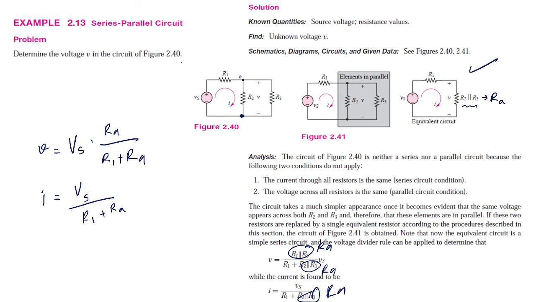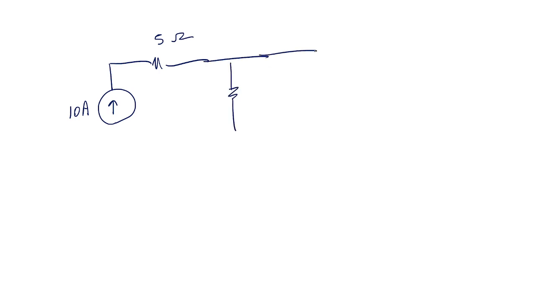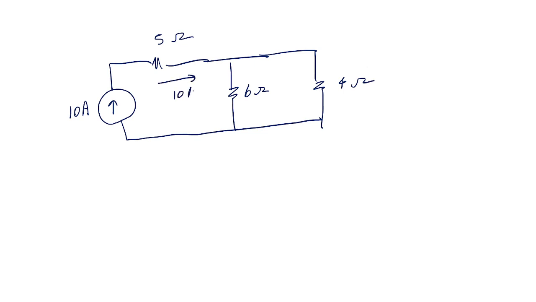And if the source is a current source, for example, 10 amp, with this 5 ohm, this 6 ohm, and this 4 ohm. 10 amp will flow here.